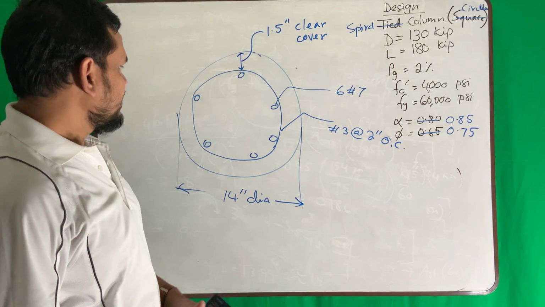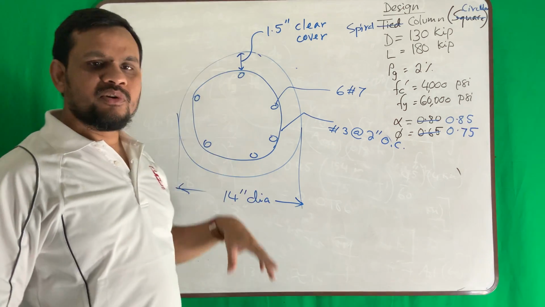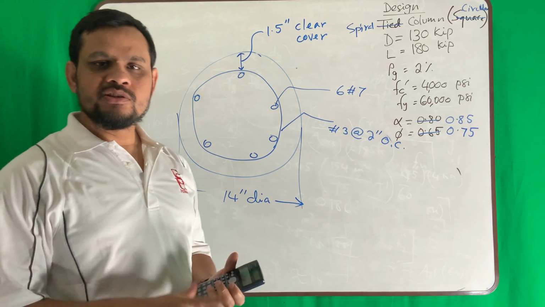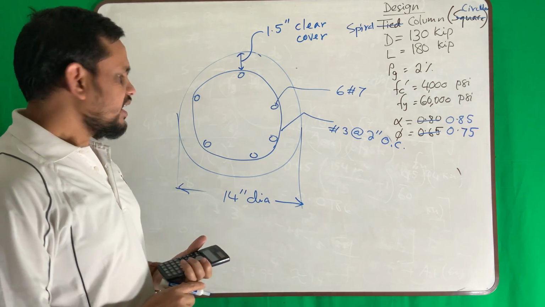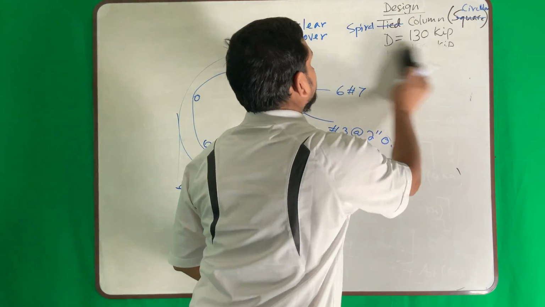And then something else too, we have to check the minimum spacing. The minimum spacing for any reinforcement, as you know from your previous beam design, is 1 inch or bar diameter. So ideally we should check that also.